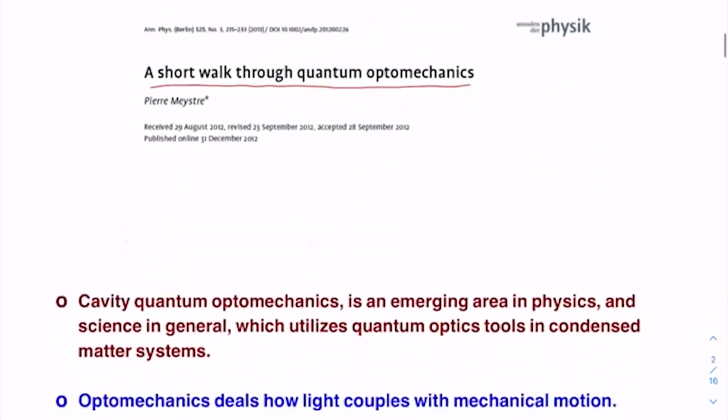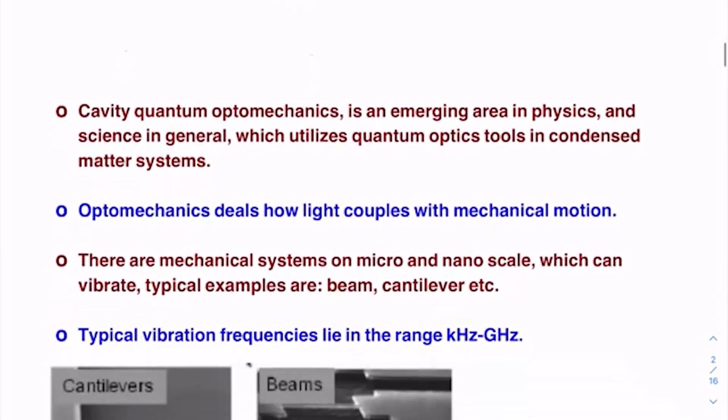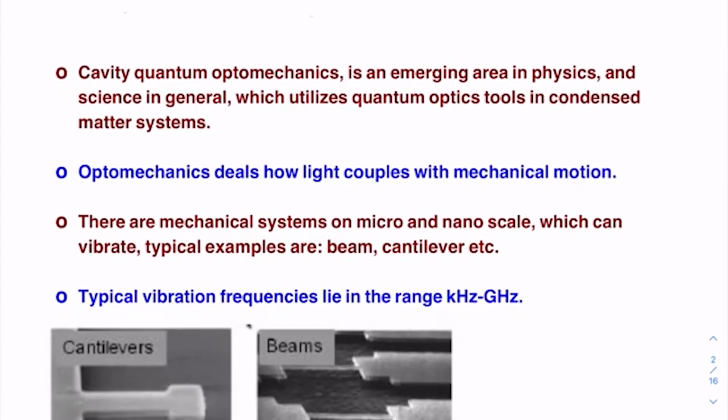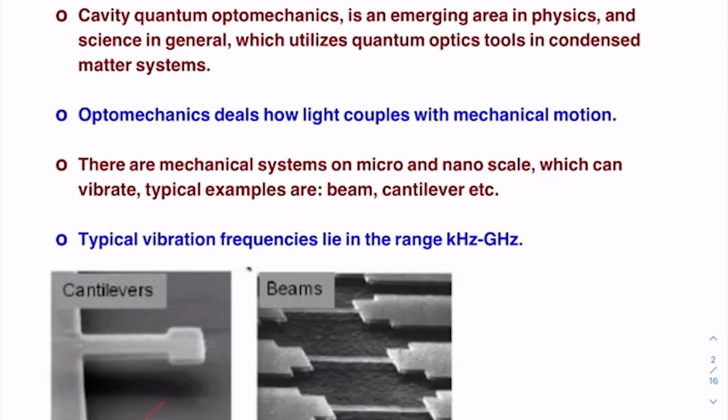Now, cavity optomechanics is an emerging area in physics and science in general, which utilizes quantum optics tools in condensed matter systems. You know that optomechanics deals with how light couples with mechanical systems, and in fact there are mechanical systems on the micro or nano scale which can vibrate, and typical examples are cantilevers like this, then beams, and all these systems vibrate with a frequency in the range kilohertz to gigahertz.